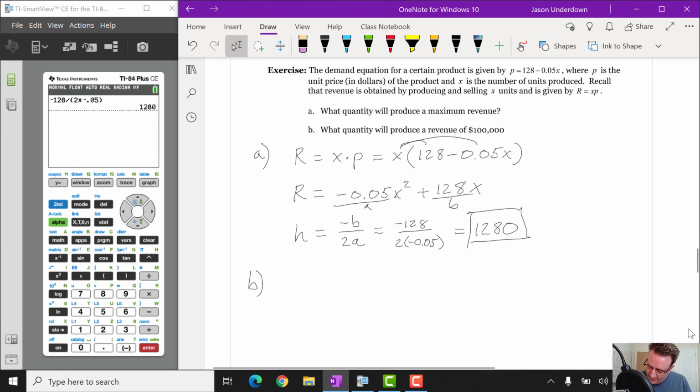So we want to do negative 0.05x squared plus 128x equals 100,000. Okay, so that's the equation we need to solve.